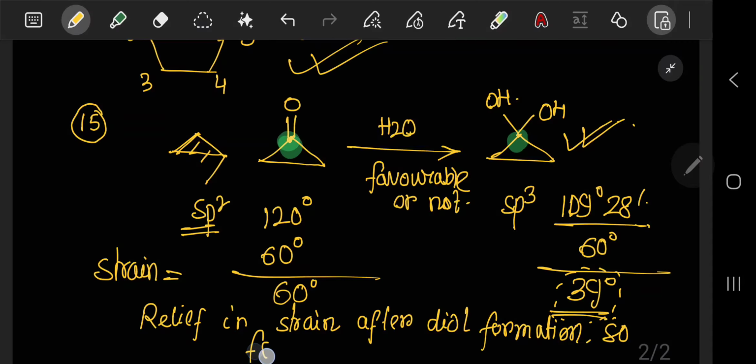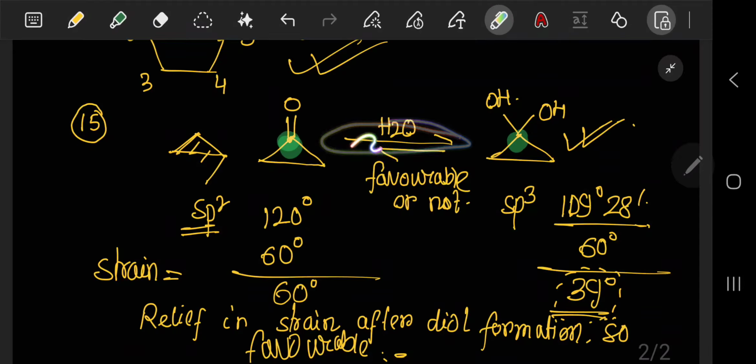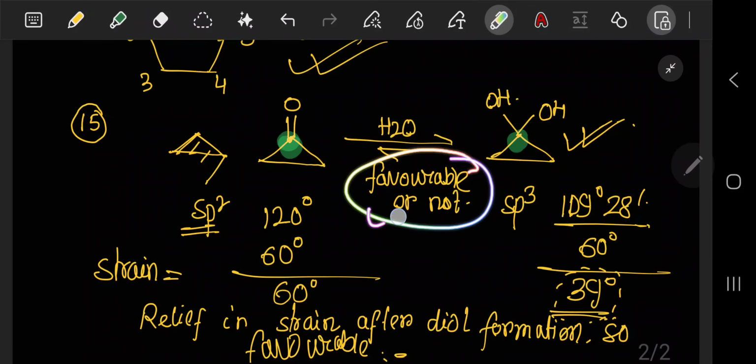So favorable. That means if you give the equilibrium sign, the equilibrium sign should look like this. This arrow would be longer because this to this conversion is favorable.